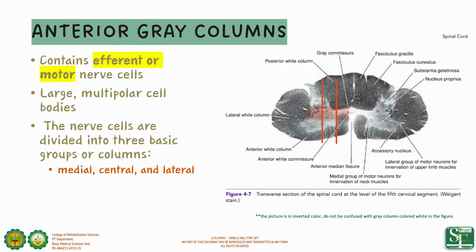And then palabas ng palabas, or papuntang periphery, next is the upper extremity, and then last would be the lower extremity. So yung lateral na somatotopic organization ng spinal cord controls the lower extremity, which is why the lateral group of these nerve cells are responsible for controlling the lower extremity naman, or the limbs.